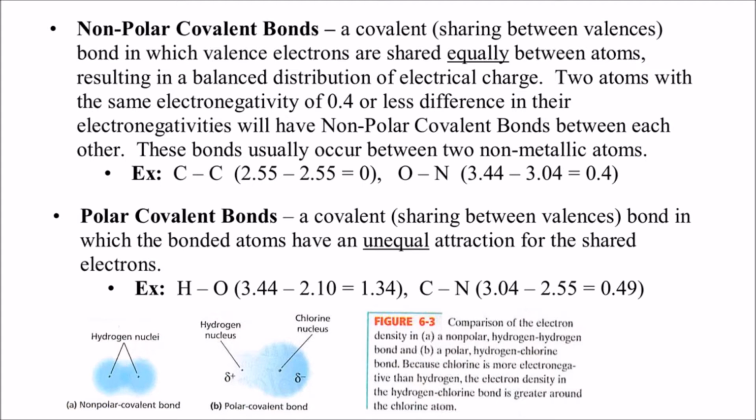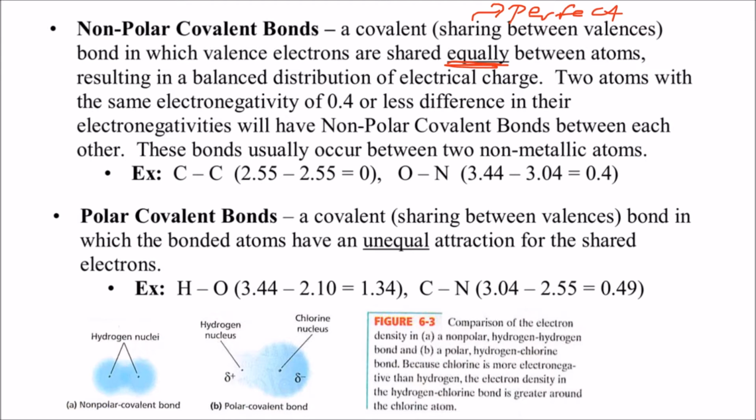So if we have a non-polar covalent bond, that means the charge is not separated. In other words, the charge is shared equally between the two atoms. No single atom gets to have the electrons any more than another atom does. So you could say it's a perfect sharing of electrons.